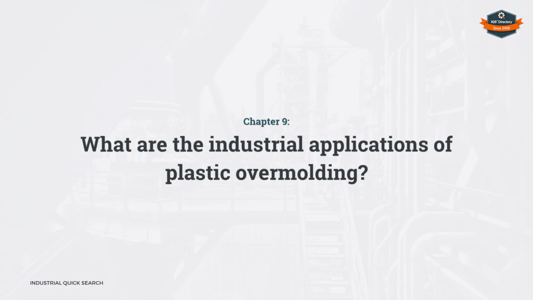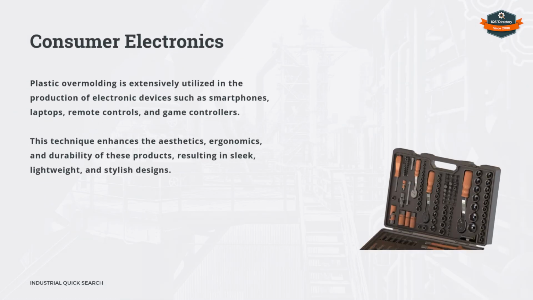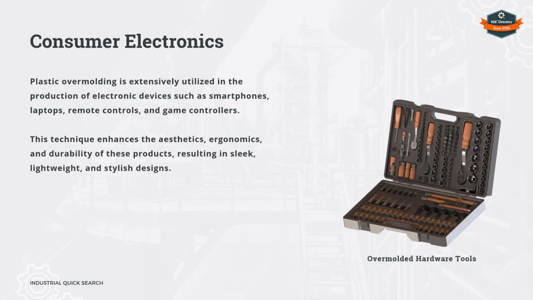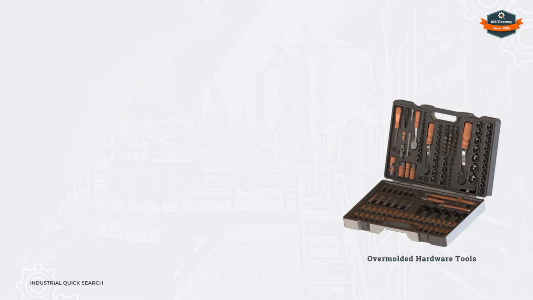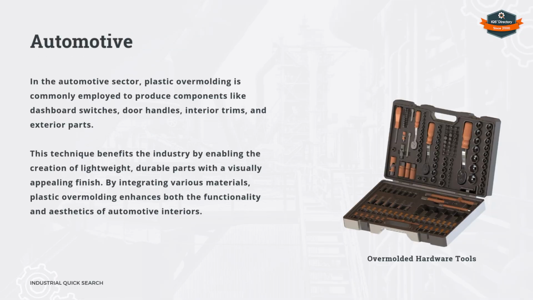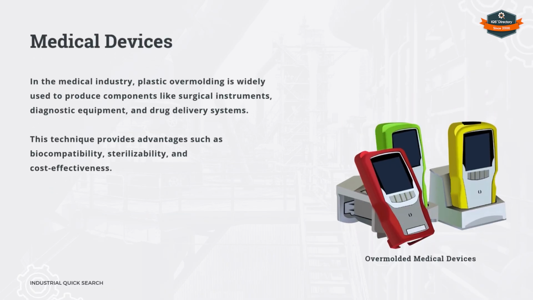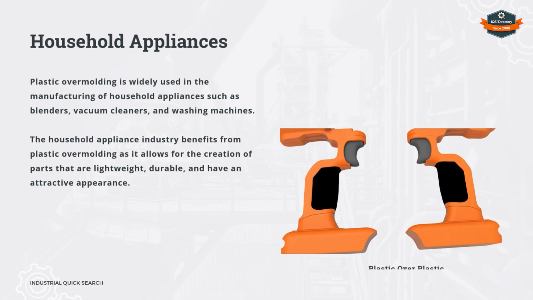Chapter 9. What are the industrial applications of plastic overmolding? Consumer electronics. Automotive. Medical devices. Household appliances.